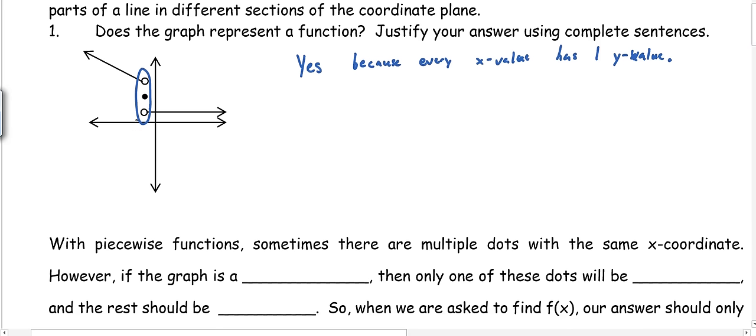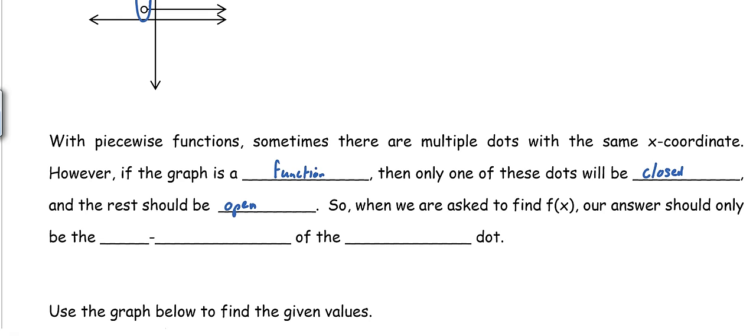However, a graph is a function if only one of these dots is closed and the rest should be open, just like in this picture here. So when we are asking to find f of x, your answer should only be the y coordinate of the closed dot. So let's practice finding some values given a graph.